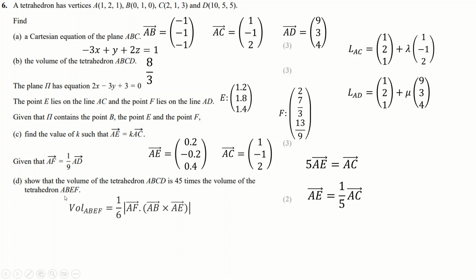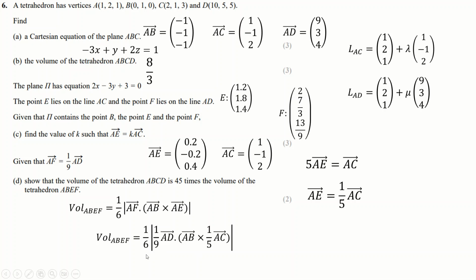Okay, so the volume of ABEF is going to be a sixth, A to F, across these two things, exactly the same way that we did the volume of this one. Now, A to F we've been told is a ninth A to D. We've also shown it, which is nice. So that's a ninth A to D. A to E we've also shown is a fifth A to C. And these numbers here, you can just bring those straight out, and you don't need to prove why. You don't need to do anything intelligent here. It's only 2 marks.